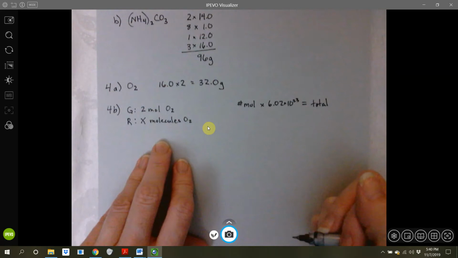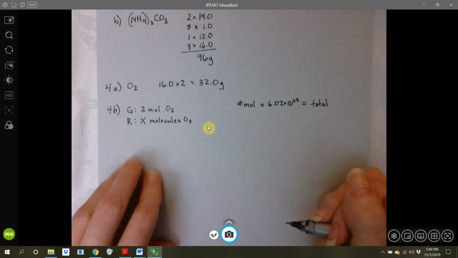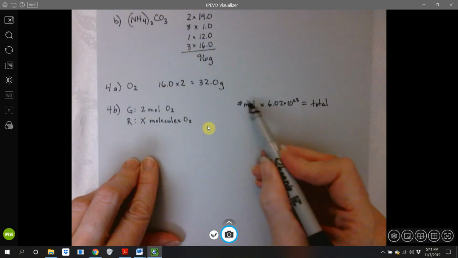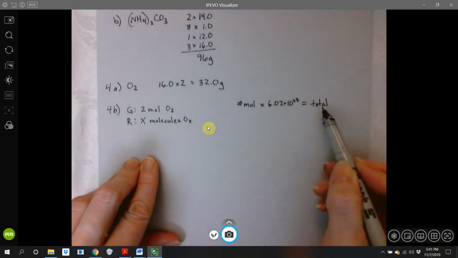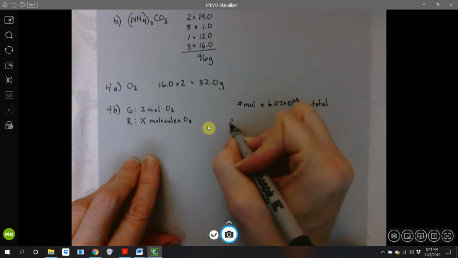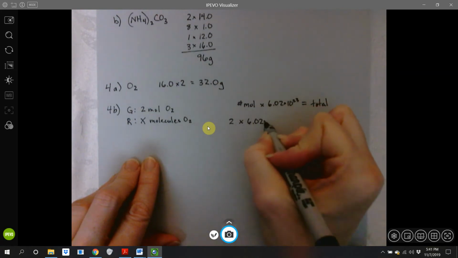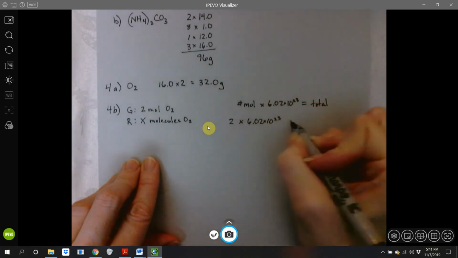Okay, so if that's the case, we are given moles and we're looking for the total, so we can put in our number here and find out what the total is. So we'll say 2 moles times 6.02 times 10 to the 23 equals.